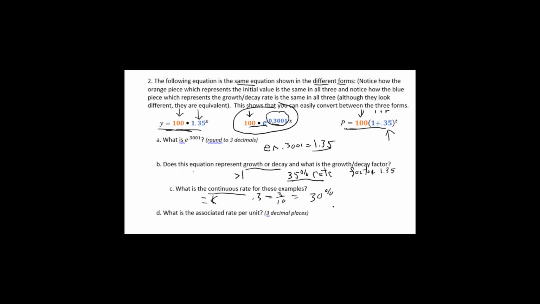So if you had any kind of a rate, it's coming from 1 plus R, 1 plus or minus R, but it's basically 1 plus R equals 1.35. Subtract 1 from both sides, and you get R is 0.35, and 0.35 is 35%. Sometimes you can just really look at it, and sometimes you can go through this.